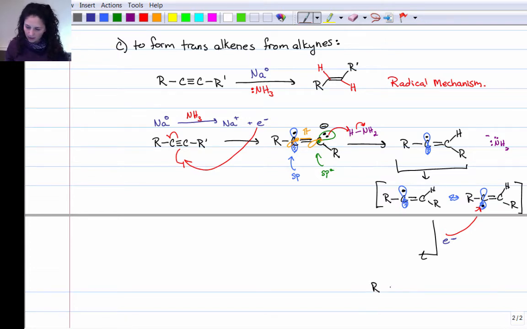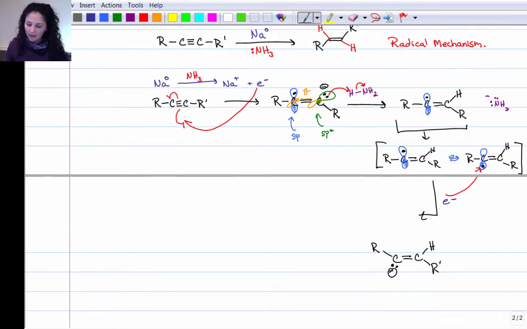And that is so that this carbon, when it rehybridizes, the two R groups end up being in the trans configuration. And that's more stable than the alternative possibility where the two R groups are cis to each other. And so this is where your trans stereochemistry of your product comes from with these particular reagents.